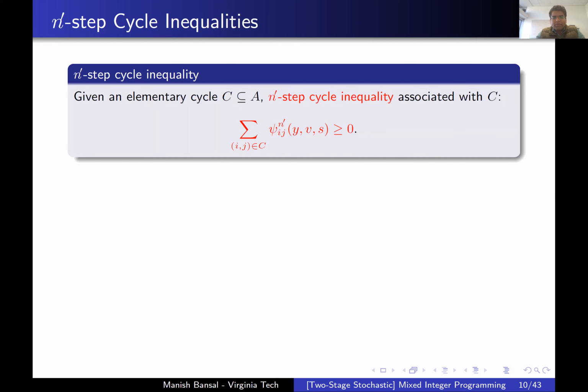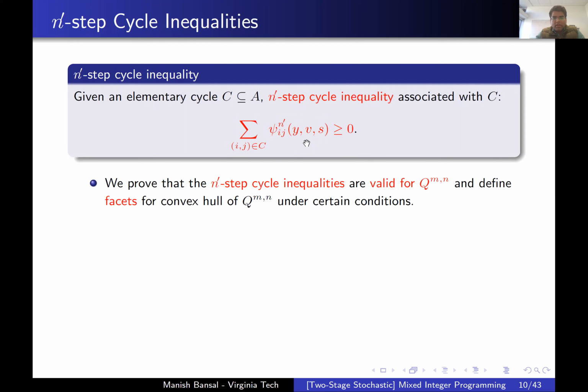What the result is saying is, if I pick an elementary cycle C, then this so-called n prime step cycle inequality associated with that cycle C, which is obtained by summing the expression psi n prime ij associated to each arc belonging to the cycle C and setting this expression greater than or equal to 0, is valid for the set QMN, and also defines facets for the convex hull of the set QMN under certain conditions.